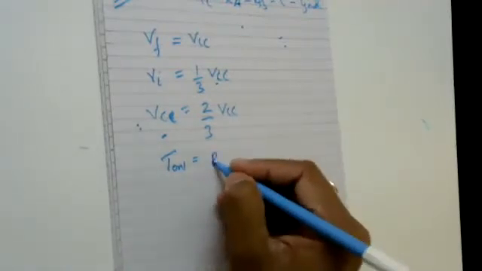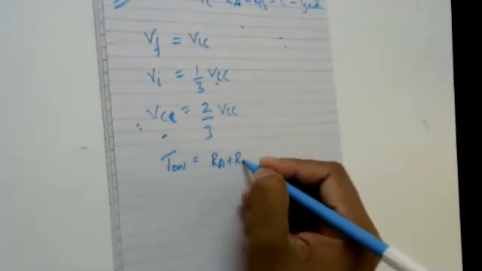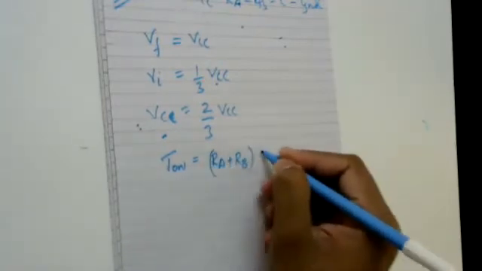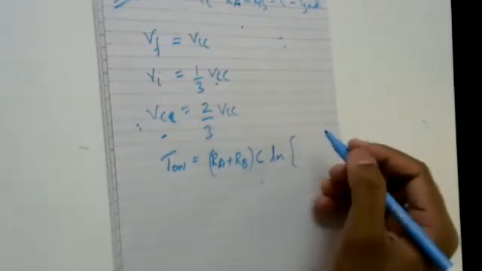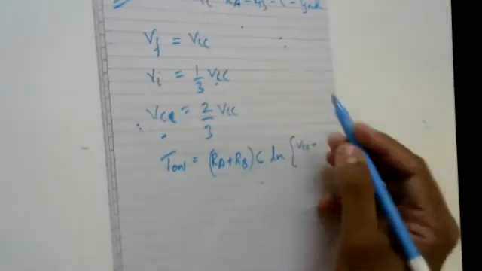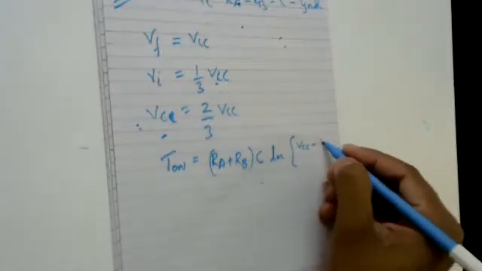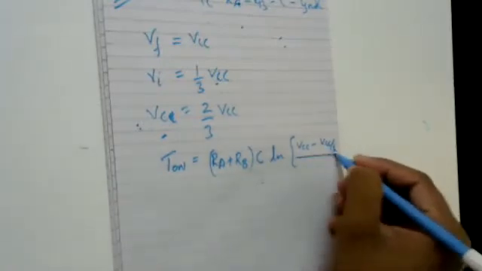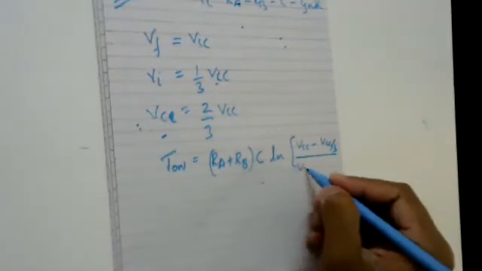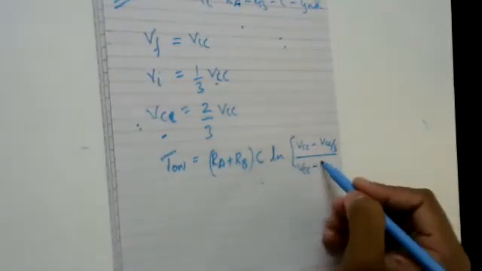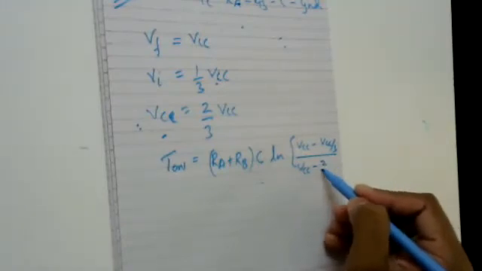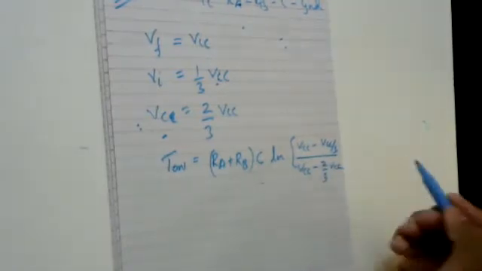Therefore it is (RA plus RB) into C into ln of: the final voltage VCC minus the initial voltage VCC by 3, divided by the final voltage VCC minus the voltage across the capacitor, which is 2 by 3 times that of VCC.